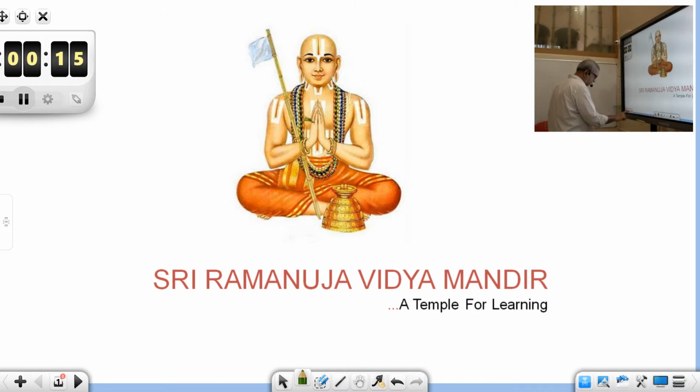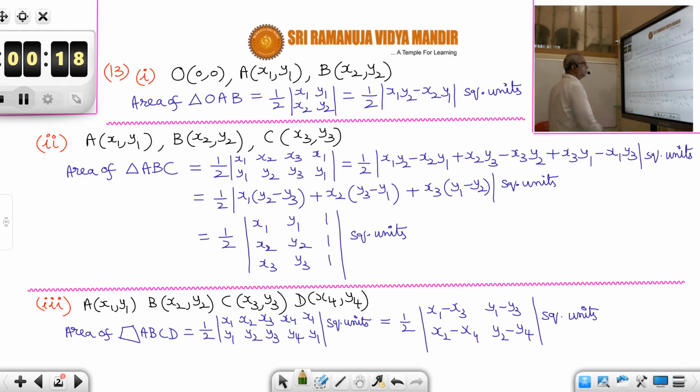I think I have completed this in the last class. The 13th point, that is the area of the triangle. When the origin is one of the vertices, and the other two vertices are x1, y1 and x2, y2, the formula is given by half into the determinant of x1, y1, x2, y2.